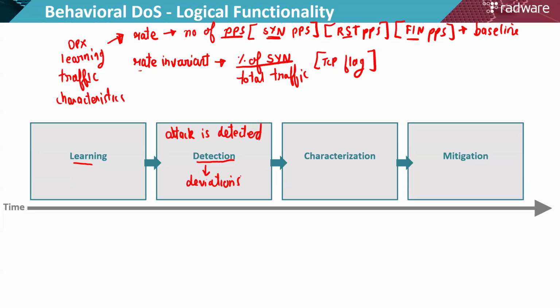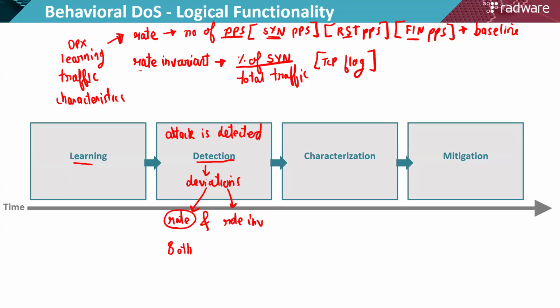Defense Pro checks whether there are any deviations with respect to the rate and rate invariant. During the learning phase, we have already learned the rate and rate invariant part, right? So during the detection phase, DPX checks whether there are any deviations with respect to the rate and rate invariant part.